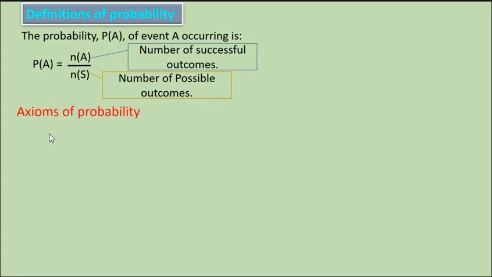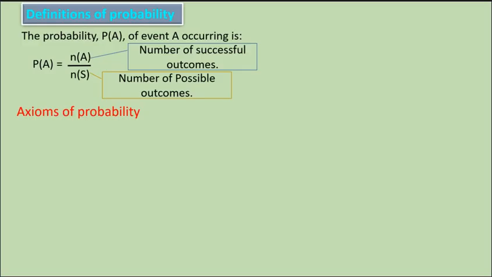The axioms of probability. What do we actually mean if I say axiom of probability? An axiom is a statement or proposition that is accepted as true without proof, often because it is self-evident and foundational to a system of thought.